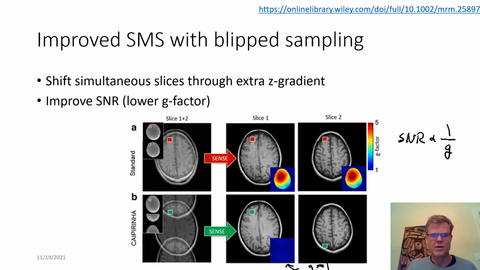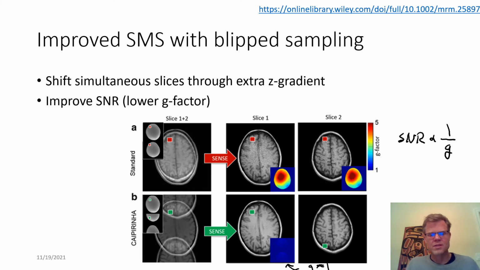So normally, without this blip sampling, this CAIPIRINHA, we might get pretty large G factor maps under this scenario, where the left image just shows how the 2 slices overlap onto each other. We have a lot of noise amplification. You can see in the slice 1 and slice 2 images, they're pretty noisy.